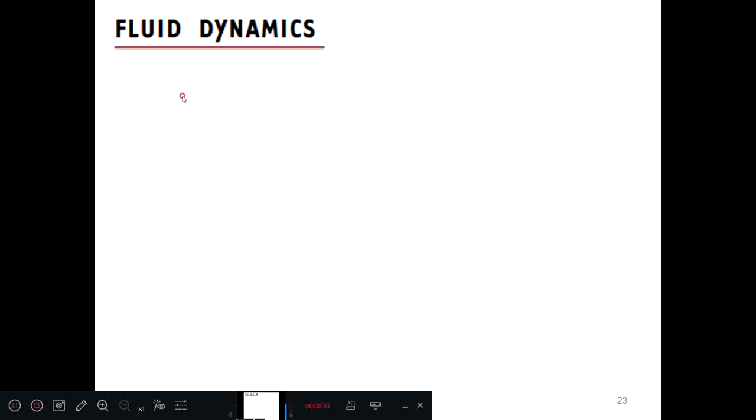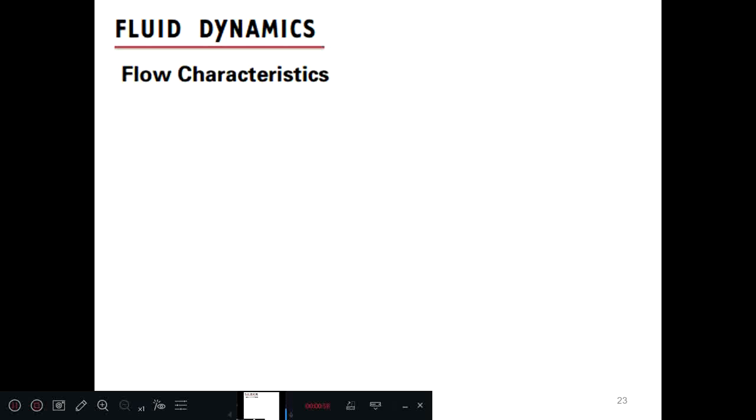That is what we call fluid dynamics. Fluid dynamics is the study of fluid in motion, where the forces responsible for the motion of the fluid are taken into account for the analysis.